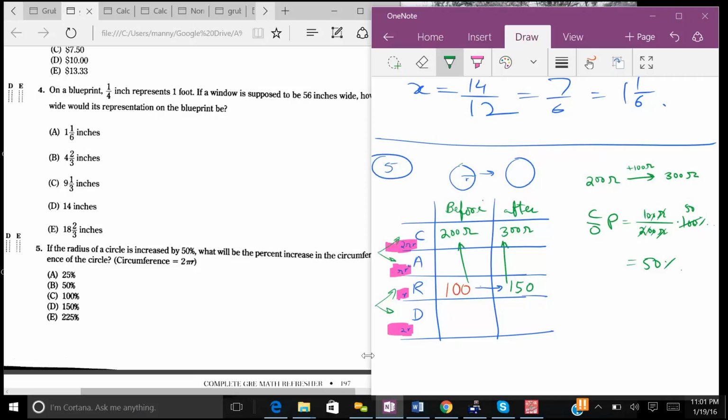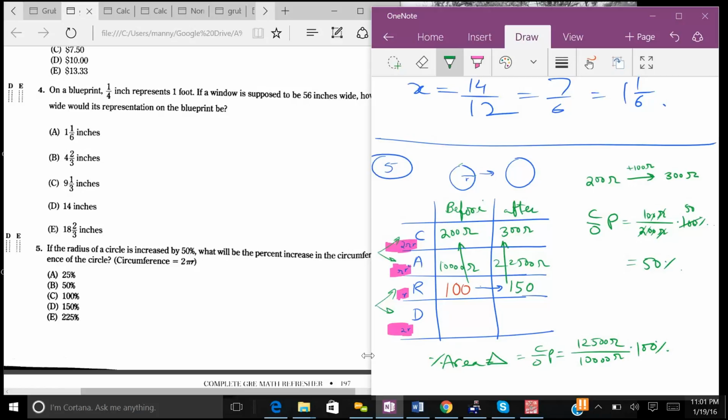If it was the area, it would have been 10000 pi, and this would have been 150 squared, 22500 pi. So now the COP method for the area: percent area change would be the change, 12500 pi, divided by 10000 pi, times 100%.